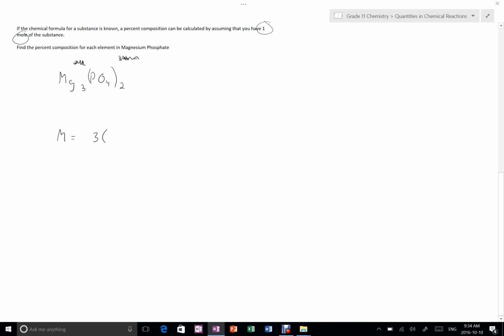Well, I get 3 times magnesium, which is 24.3, plus 2 times phosphorus, which is 31, plus 4 oxygens, which are 16 each. 4 times 16 plus 31, all that times 2, plus 24.3 times 3.